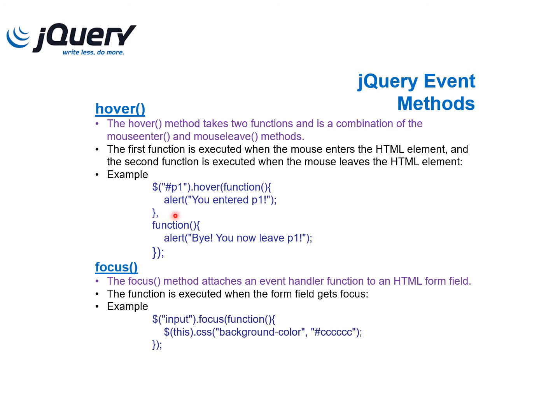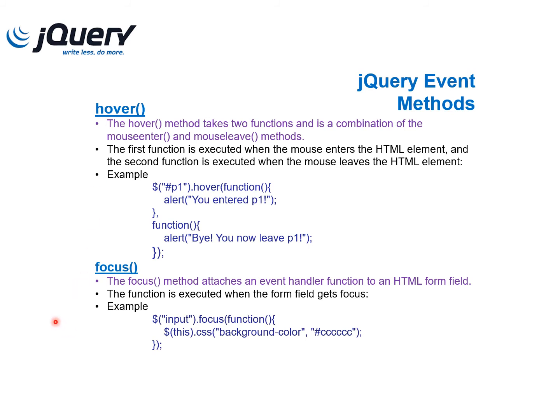So when the mouse enters, it will generate the first alert box, "You entered p1", and when the mouse is moved away from that component with ID p1, it will generate another alert box, "Bye! You now leave p1". So mouseenter and mouseleave can be simply defined in a single function called the hover event.